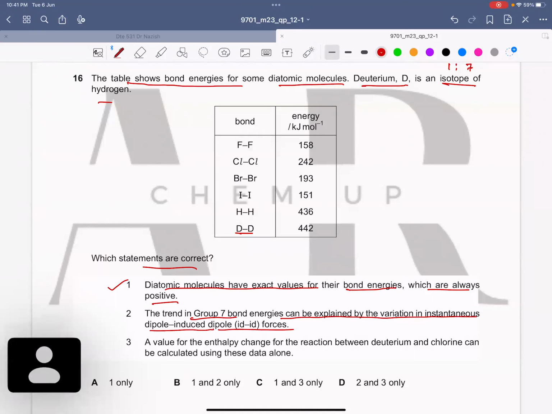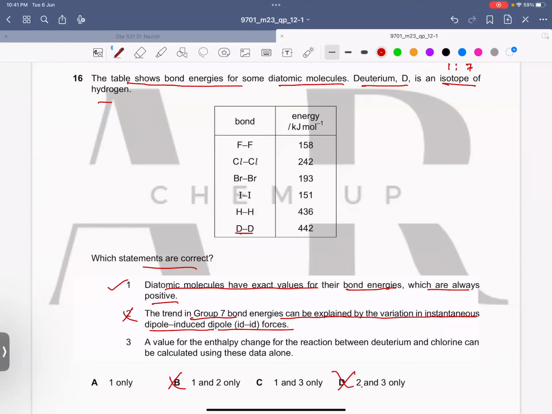They can affect only the melting point and the boiling point, and the density, not the bond energy. So the second statement goes wrong. So you are left with only two options. The value for the enthalpy change for the reaction between deuterium and chlorine can be calculated using this data alone. They are talking about the reaction between deuterium and chlorine.